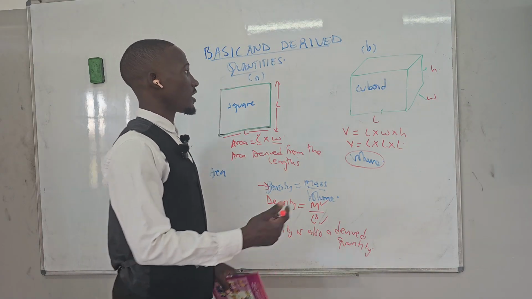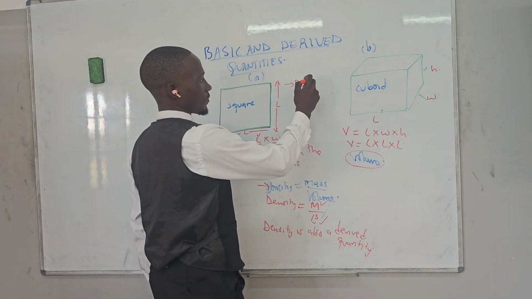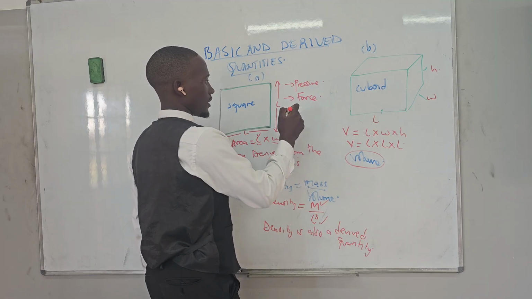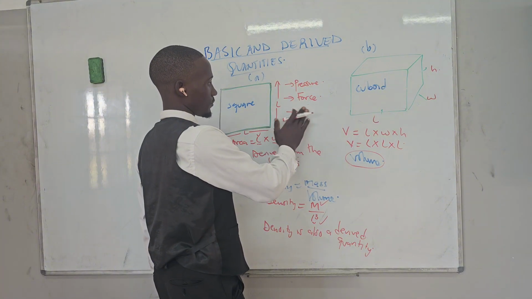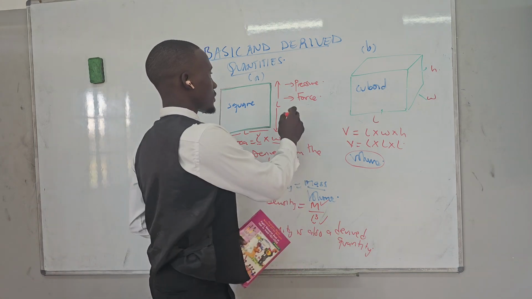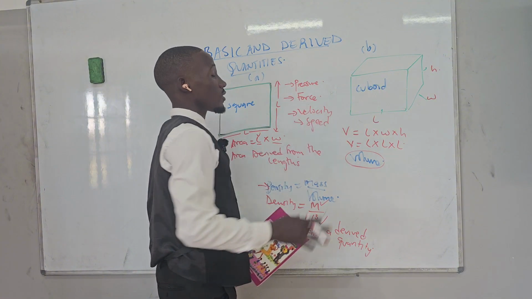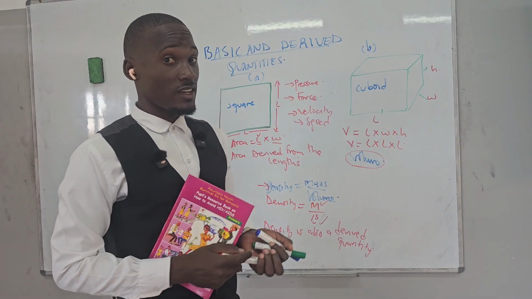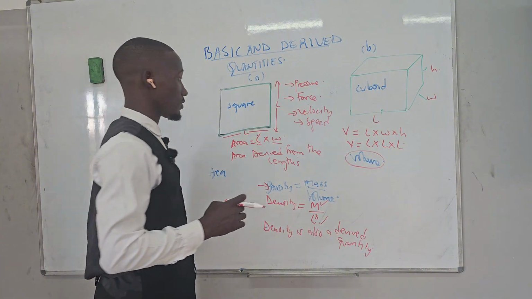Similarly to the rest of the other examples we listed in the previous video, that is pressure, that is force, that is electric field, that is force, pressure, and the other quantities. We have velocity, we have speed. So all these quantities are derived quantities, and actually if you take a closer look at their units, they are also having the units of the fundamental quantities.